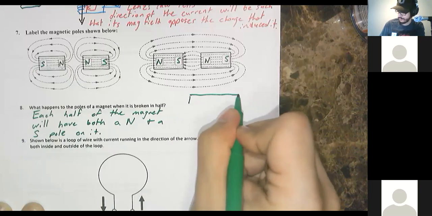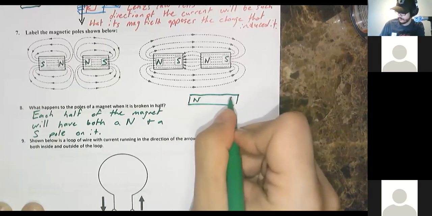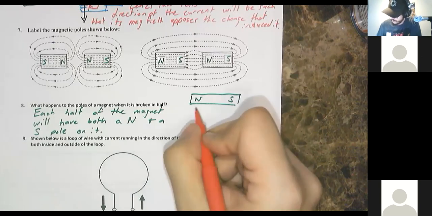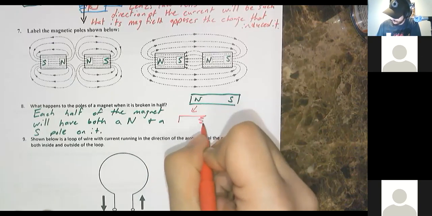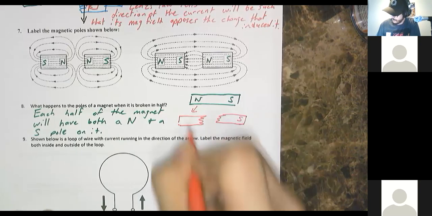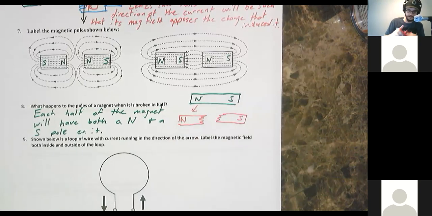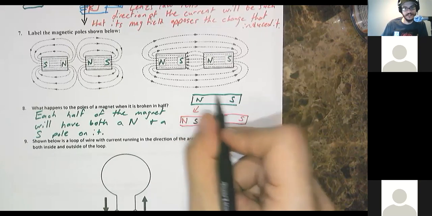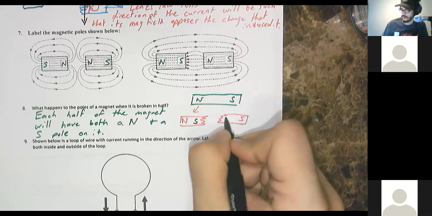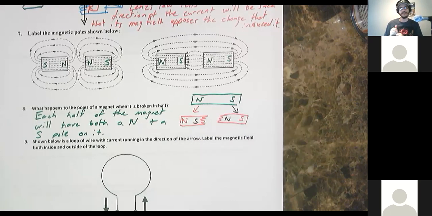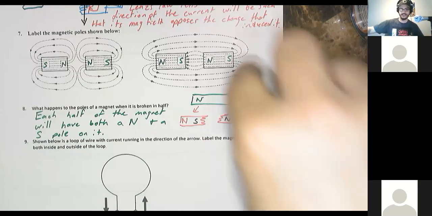So if we have a magnet like this, cut it in half so that we have this half here and this half here. We would have a south on this end because that was the southern direction of this magnet. We'd have a north here. And in fact, our pieces would actually pull together. Their inclination would be to rejoin, unless you turned one of them.